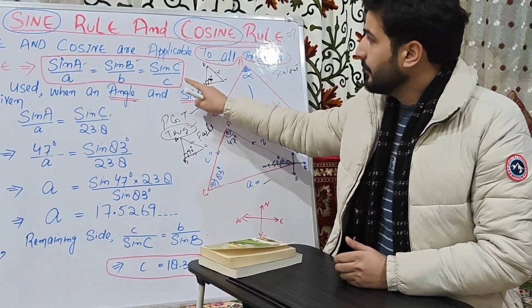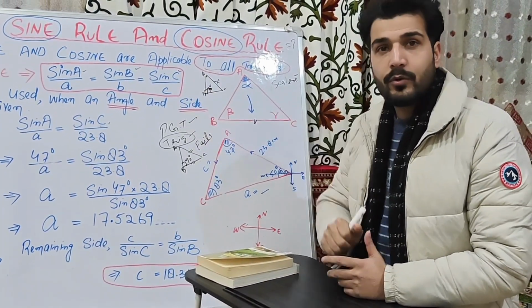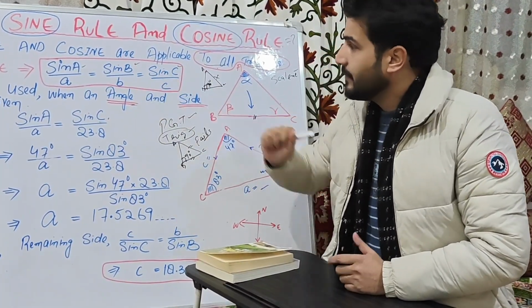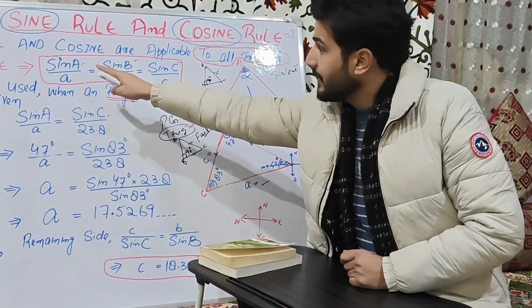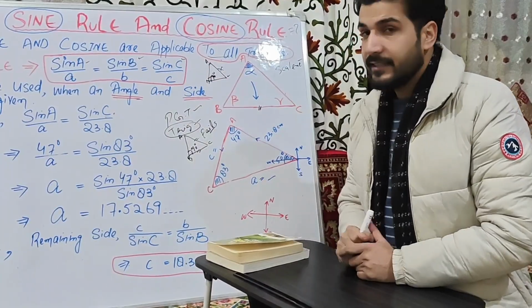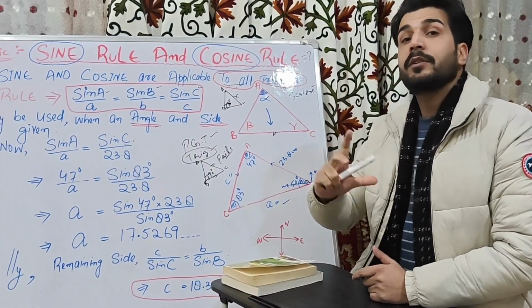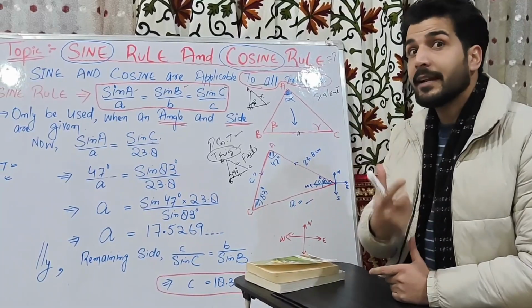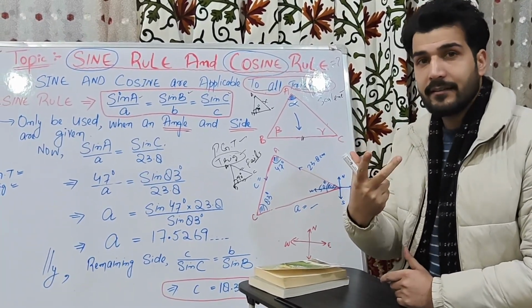So we have the sine rule. That is sine A divided by a, sine B by b, sine C by c. In the numerator, sine A, sine B and sine C are actually the angles of a triangle. But what type of triangle is it?